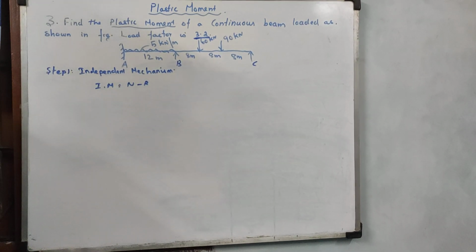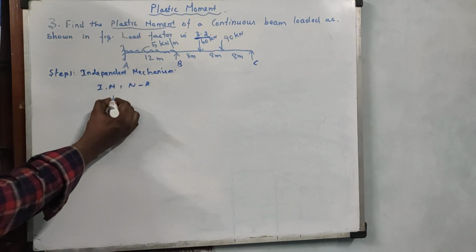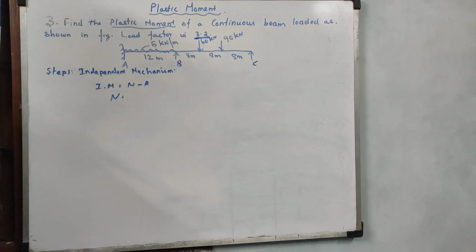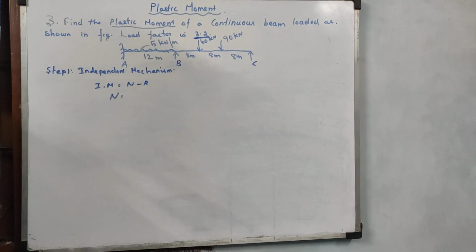Here n is the number of possible hinges, r is the degree of indeterminacy. So here n equals the number of possible hinges. For the number of possible hinges, we have to consider four conditions.